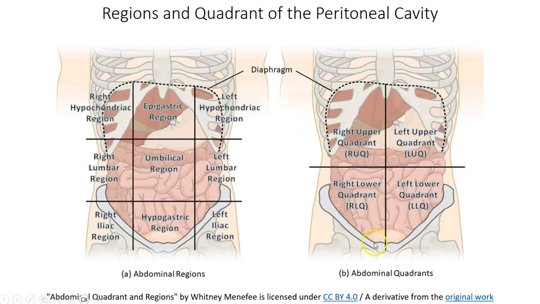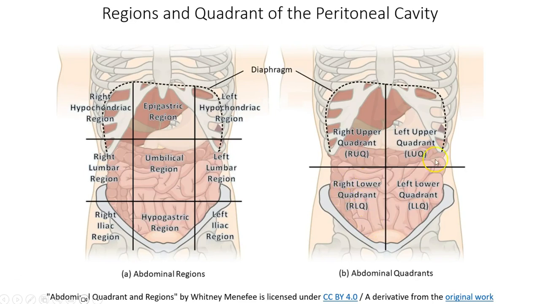So our abdominal quadrants are just right and left, and then upper or lower. So we've got a right upper quadrant, a left upper quadrant, and then a right and left lower quadrant. Okay, so we can see the liver and gallbladder are in the right upper quadrant. The stomach is primarily in the left upper quadrant, along with the spleen, which you can just barely see peeking out back here.